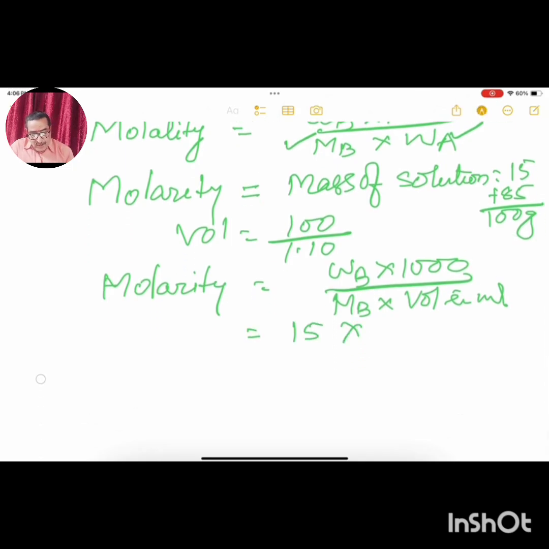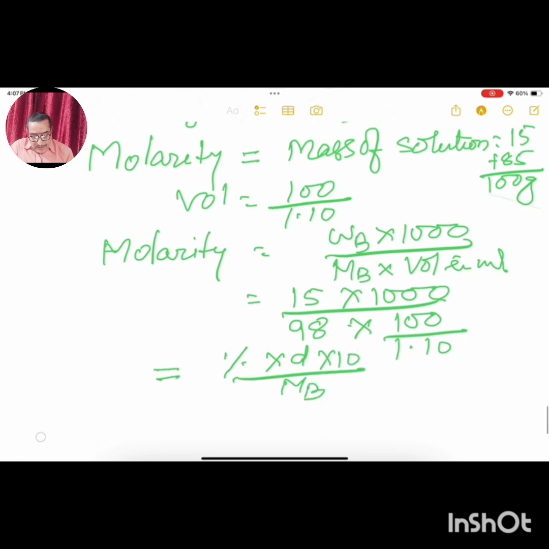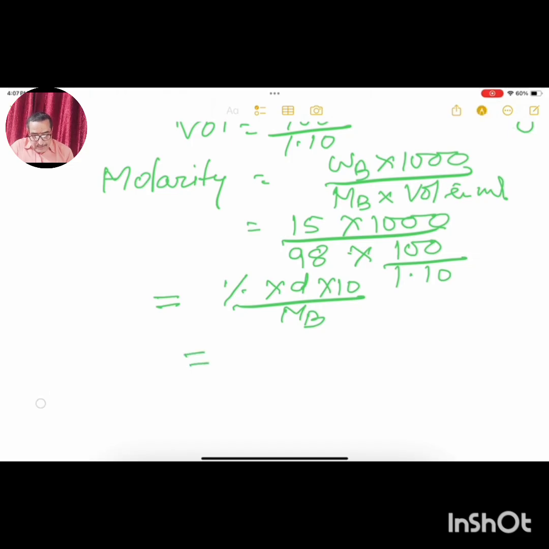You can solve this problem: Wb is 15 into 1000 divided by 98 into 100 upon 1.10. But as I already mentioned, if the percentage is given, it can also be solved by using percentage into d into 10 divided by Mb.